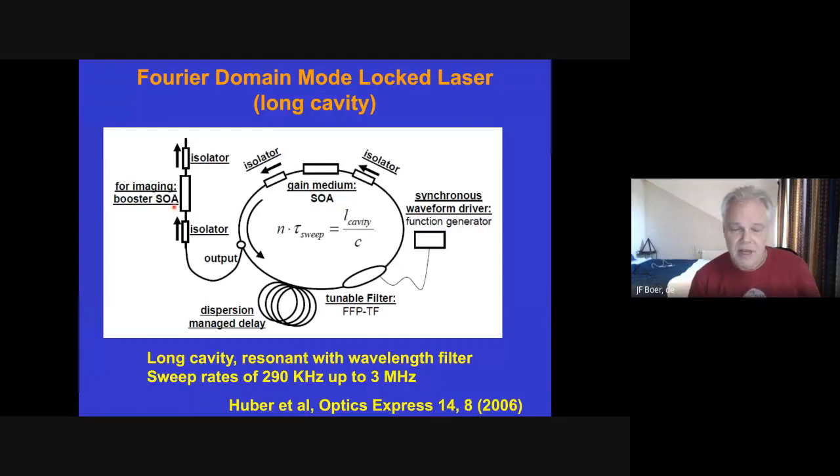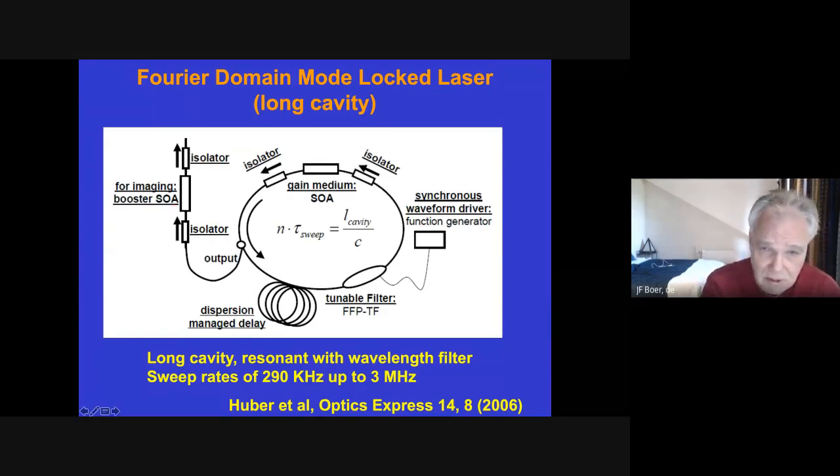This is the development of an alternative method of a swept laser. I'm not going to go into details. If you're interested, you can find the reference at the bottom of the slide.